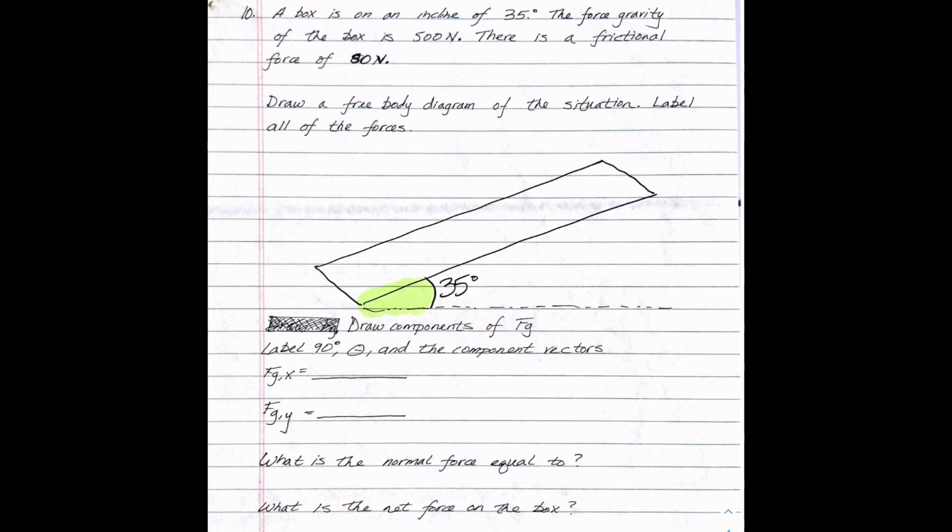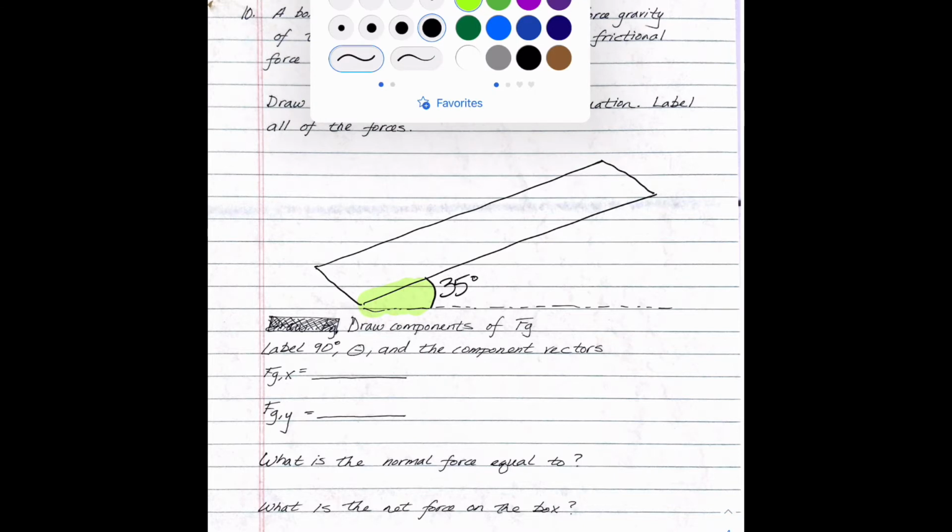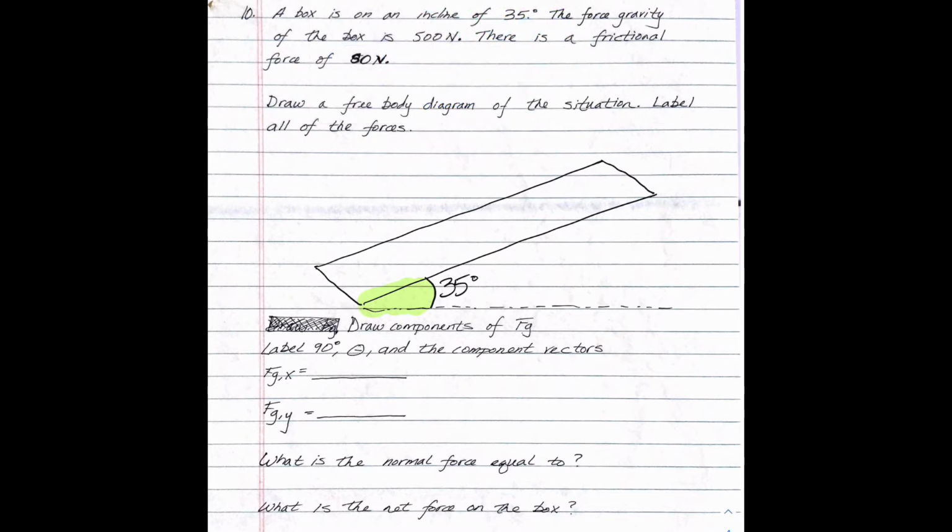Make the size of that a little smaller. All right, that should work. And then we have a box that's sitting on the incline. And we can go ahead and put a dot on the box. A little cross hatching. Okay.